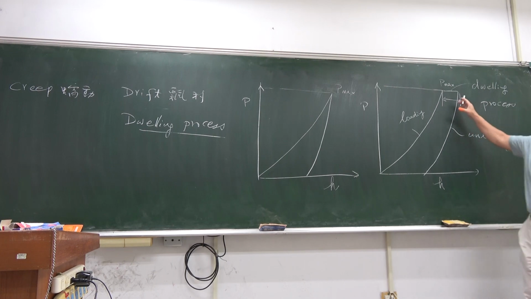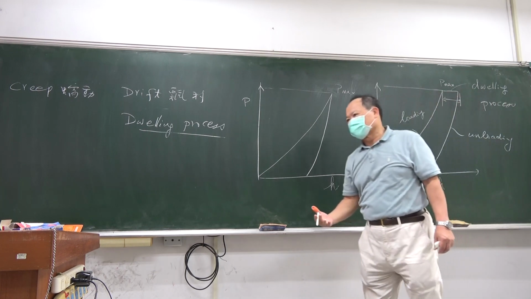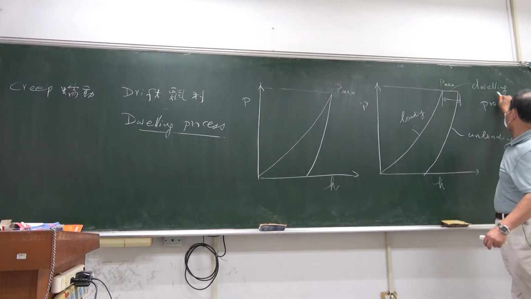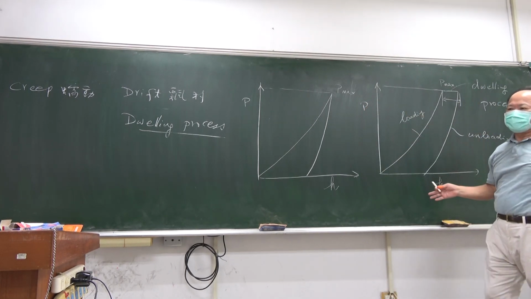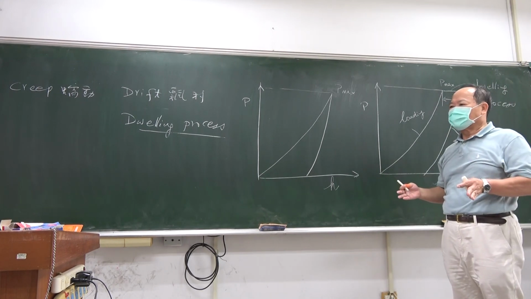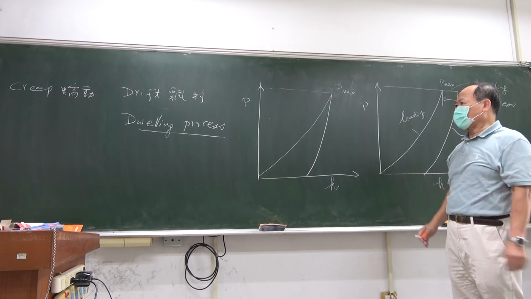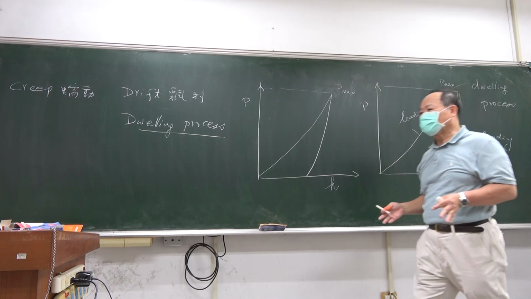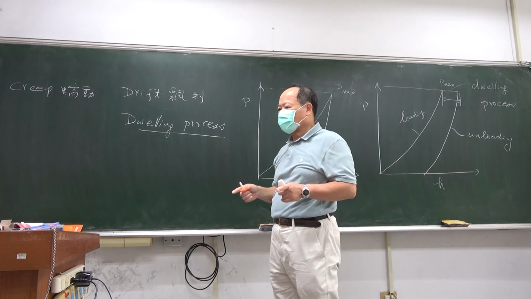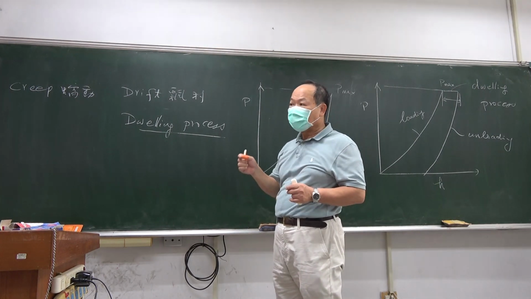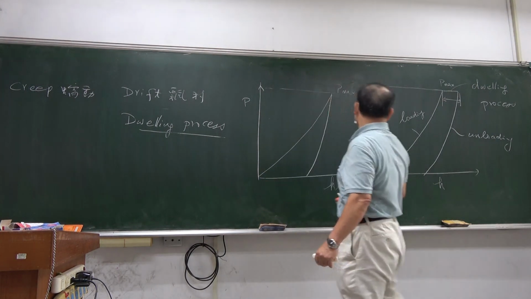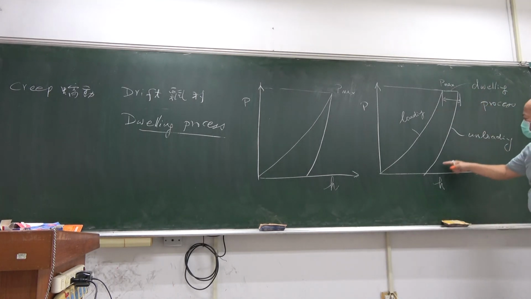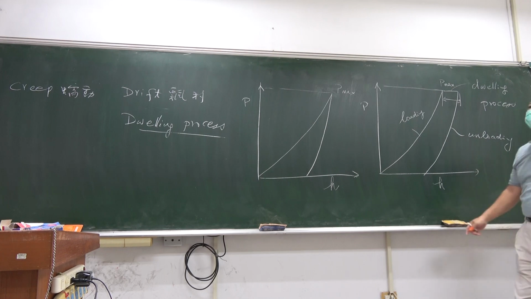Okay. If your material is very soft, 很软的材料, in this case, the time of the dwelling process should be long. 应该把它放得更大一点。如果你是软的材料，if your material is very hard, a brittle material, in this case, the period of time should be short. Okay, so we give the dwelling process, then we finish the unloading process.